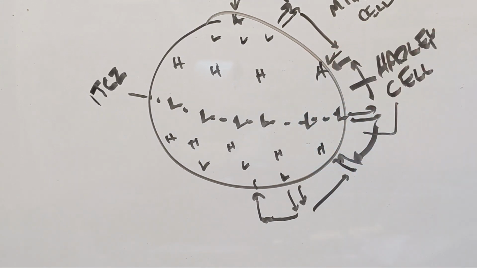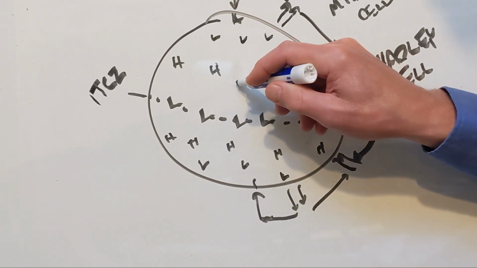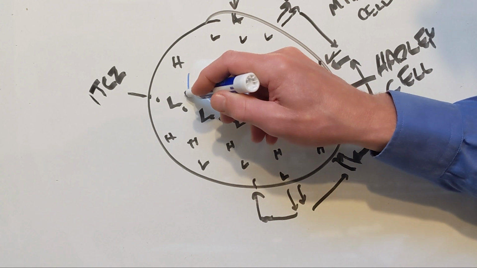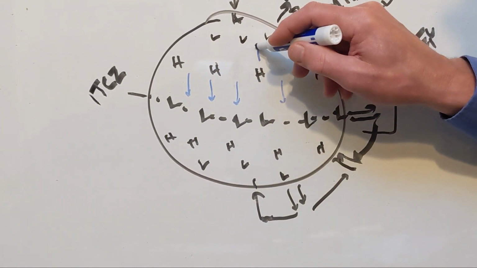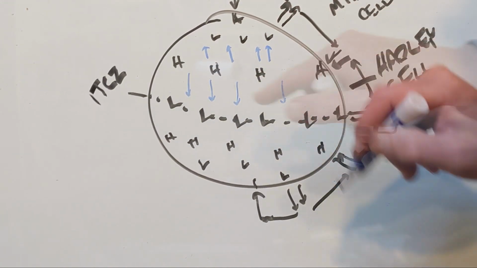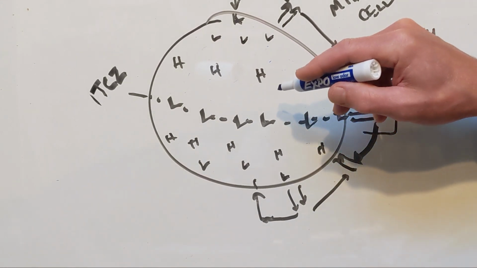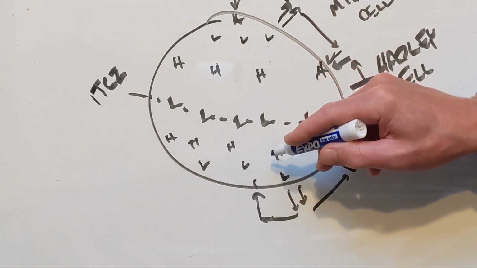On a non-rotating Earth, and I'm going to use blue to mark this out. I'm not going to do a lot because I want to just sketch it in here. On a non-rotating Earth, we would see the wind move from areas of high pressure to areas of low pressure, like that. Instead, the Coriolis force deflects winds to the right in the northern hemisphere and to the left in the southern hemisphere.